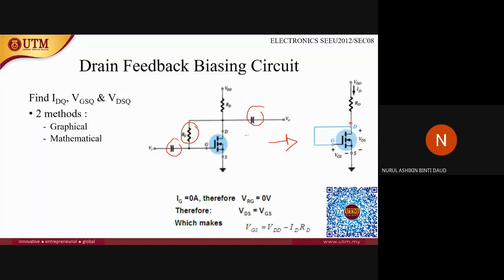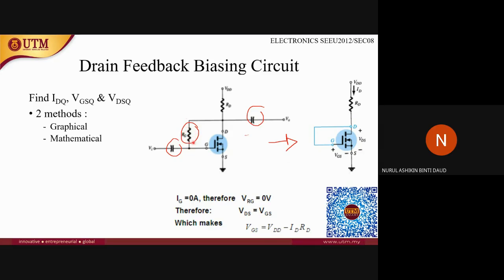From this circuit, you can see that the gate and the drain are connected. When IG equals 0 amps, therefore VRG equals 0 volts. That's why we can short circuit this resistor. Because when IG is 0 amps, the current at this gate is 0 ampere, so the voltage here is also 0 volts.